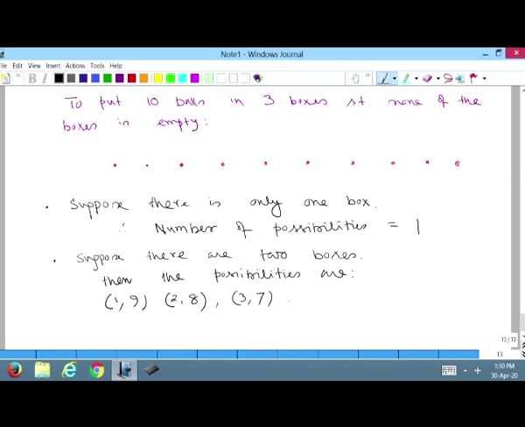So, you can easily understand the pattern is going to be like this. How many possibilities are there? It is very easy: there will be 9 possibilities.